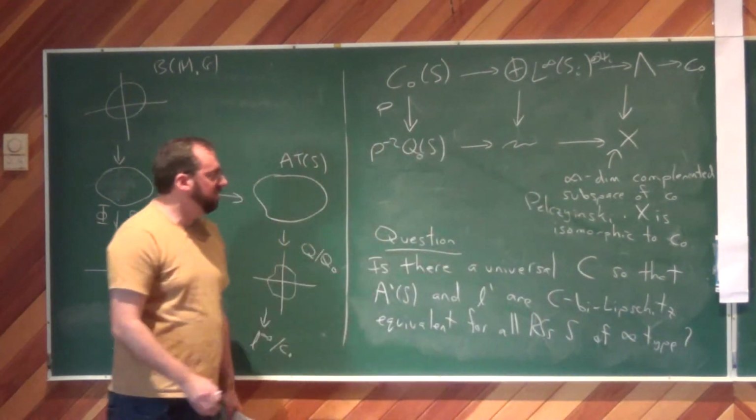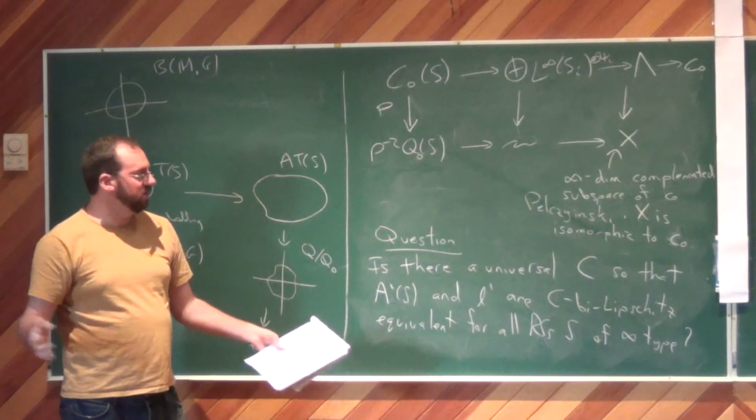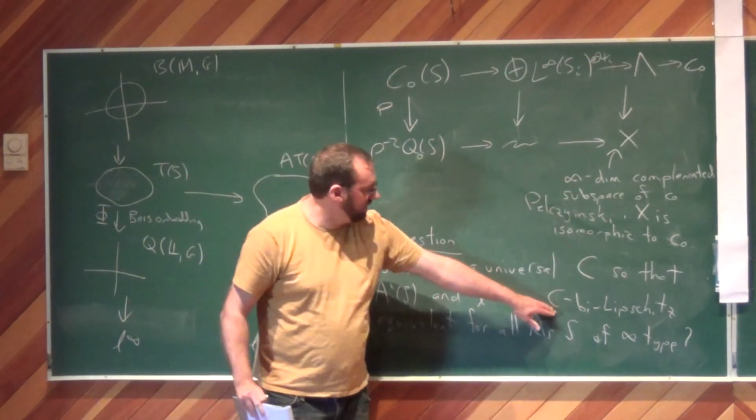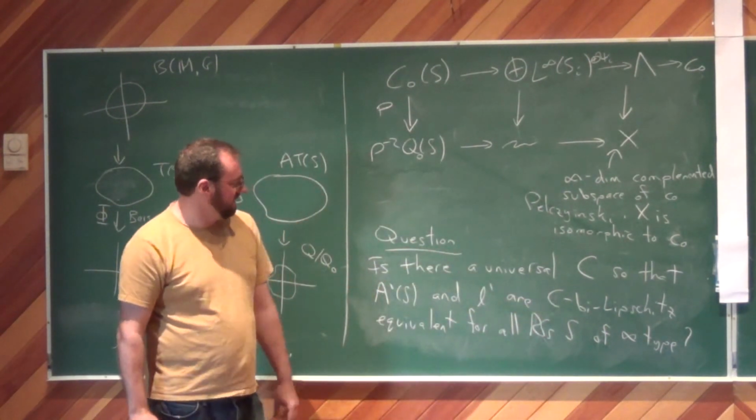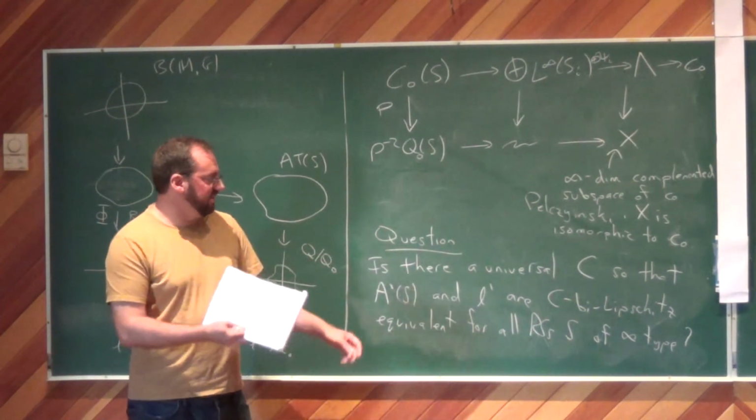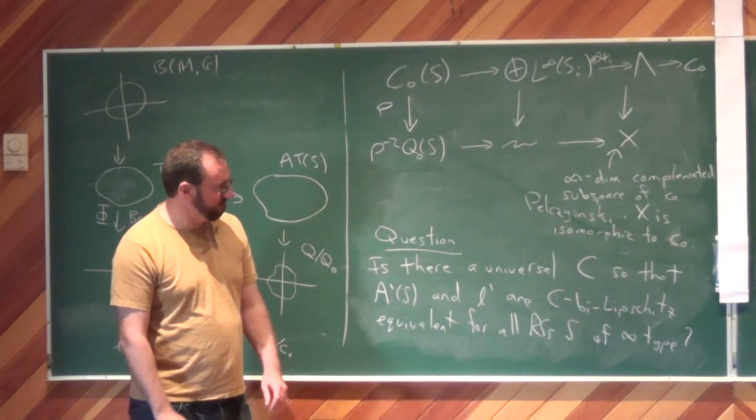Or can you come up with a sequence of infinite type surfaces which degenerate in some way so that the distortion gets larger and larger as these surfaces get nastier and nastier?